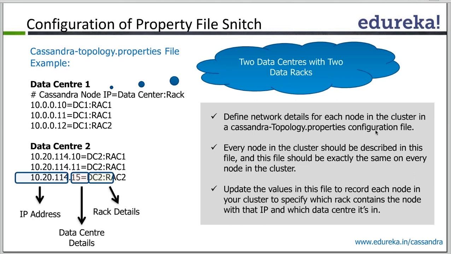Okay, cool. So cassandra-topology.properties looks something like this, where it gives the IP address of the node, which data center it belongs to, and which rack it belongs to. This is the format in which it is written. The first is the IP address, the second is the data center, DC1 or DC2, and the third is the rack detail, rack 1 or rack 2.